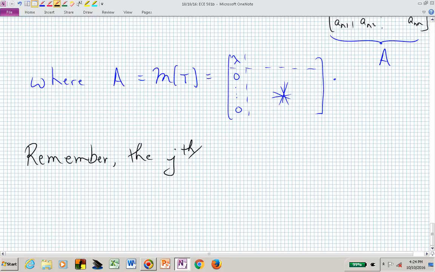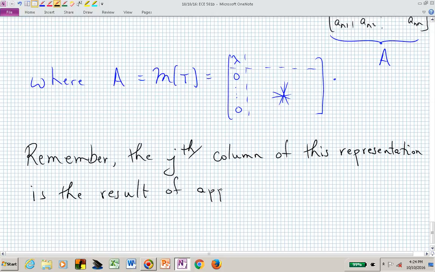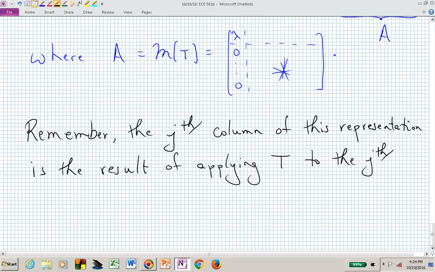But the jth column of this matrix representation is actually the result of applying our linear operator T to the jth basis vector.